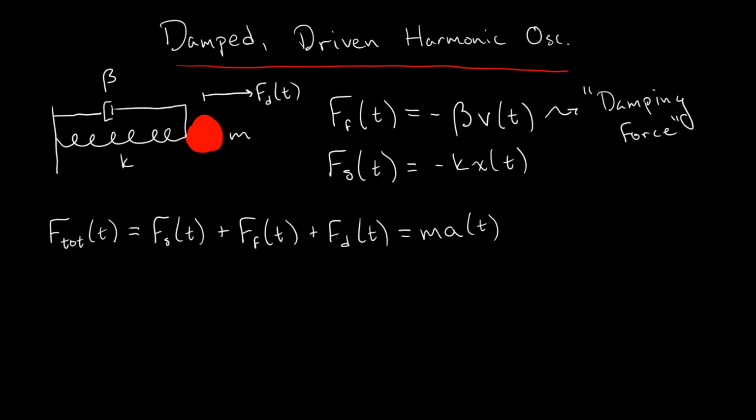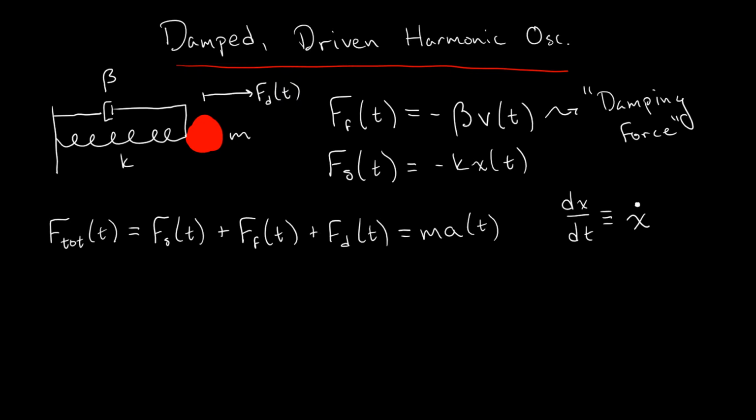Now, I'm going to introduce a bit of shorthand. I can't remember if I did it on the last stream or not, but it's just a bit of a shorthand notation. The shorthand notation is that I'm going to denote a time derivative by a dot.